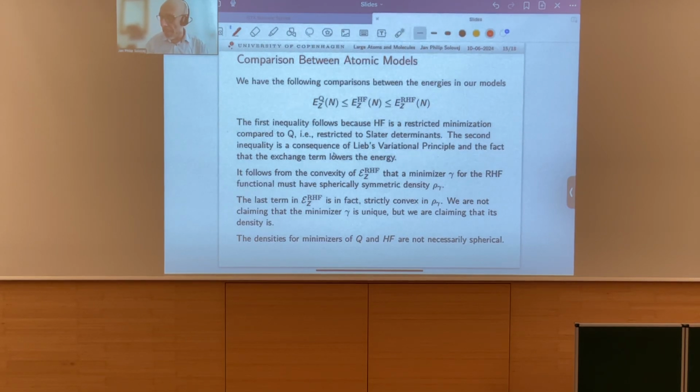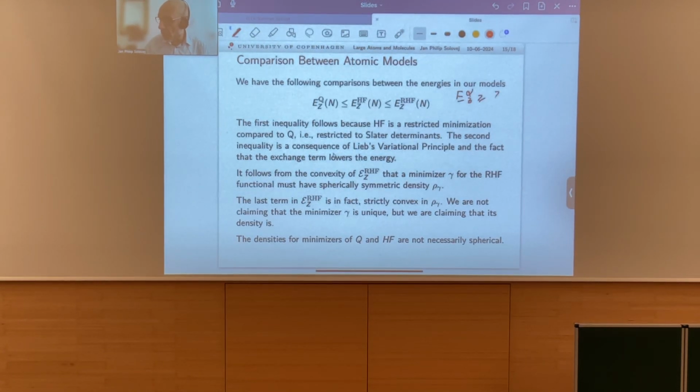I can say right away that we saw already that this was bounded below by, if you remember, Z to the power 1/3 times Z squared. So if I do the neutral case, there are constants here, so this will go like Z to the 7/3. And it turns out that this is the correct energy.